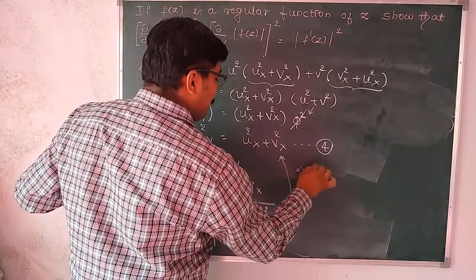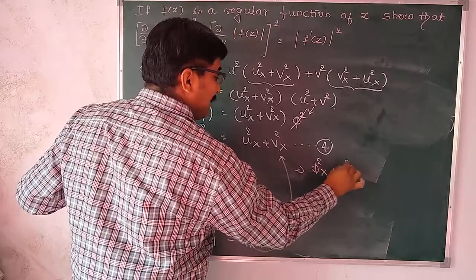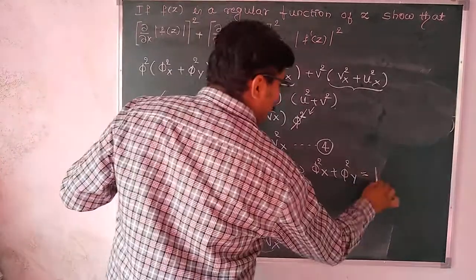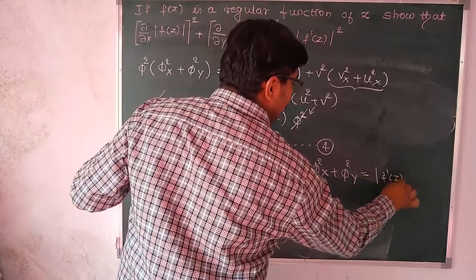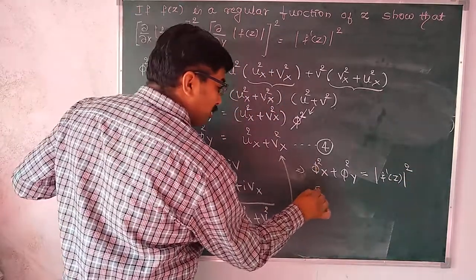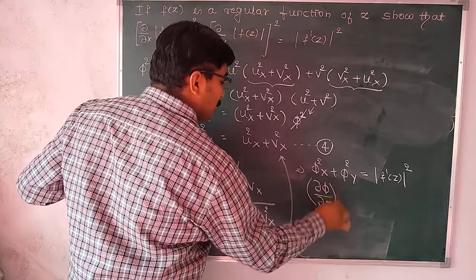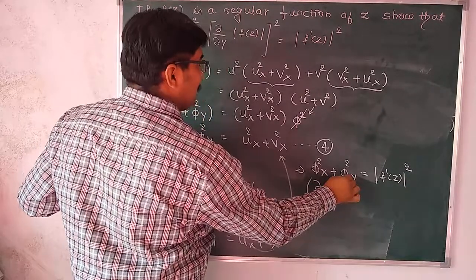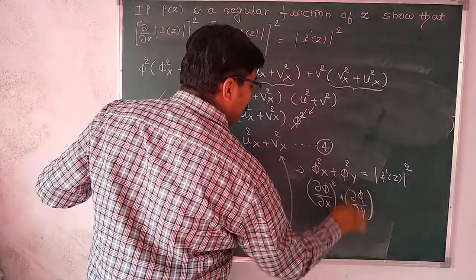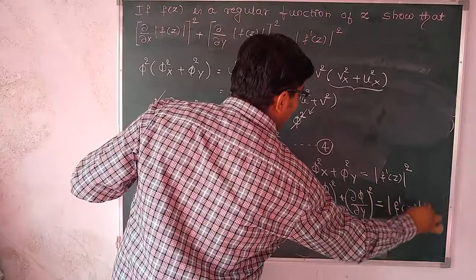That implies phi square x plus phi square y is equal to, what is this value? Mod f dash z whole square, and phi x whole square we can also write it as dou phi by dou x whole square plus dou phi by dou y whole square is equal to mod f dash of z whole square.